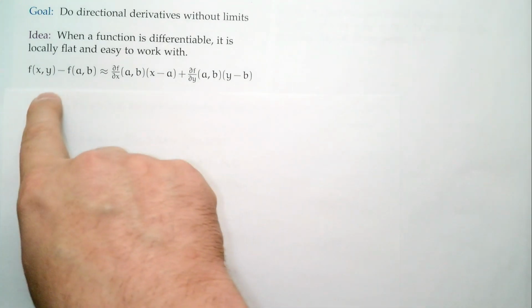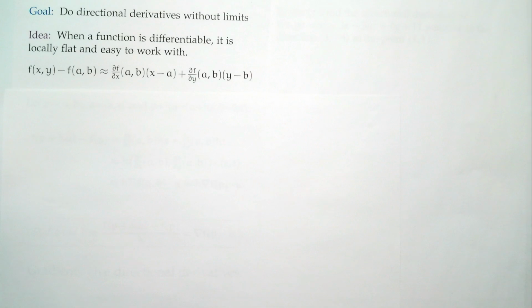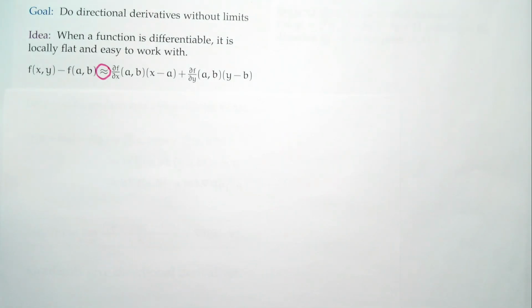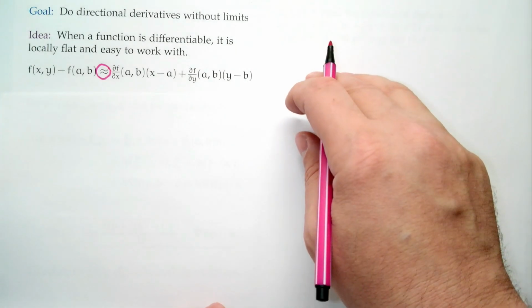All right, so that's what it means to be differentiable. And really, differentiable comes down to saying that this approximation is good. Because you could always say, well, sure, any function can be written like this. It just might be a terrible approximation. But differentiable means that's a good approximation when x and y are close to a, b.